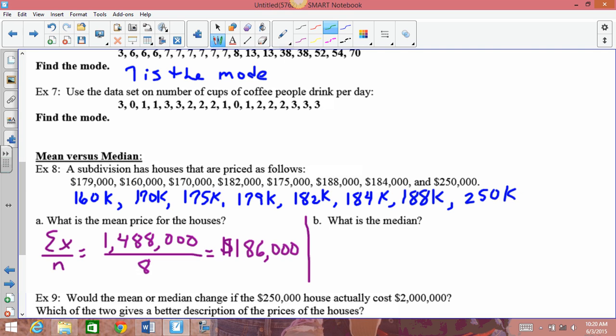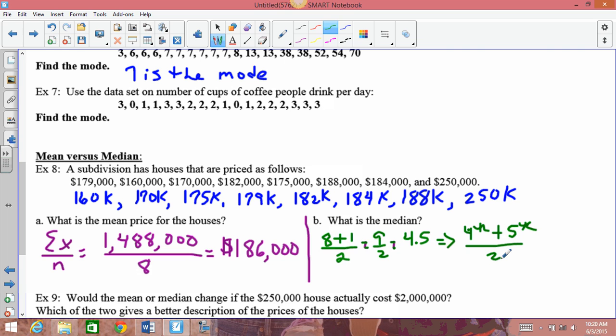I want to figure out, okay, where is my median? There are 8 data points, so 8 plus 1 divided by 2. 9 divided by 2 gives me 4.5. So what that tells me then is that my median lies between the 4th and 5th entry. So I'm going to take the 4th plus the 5th and divide by 2.